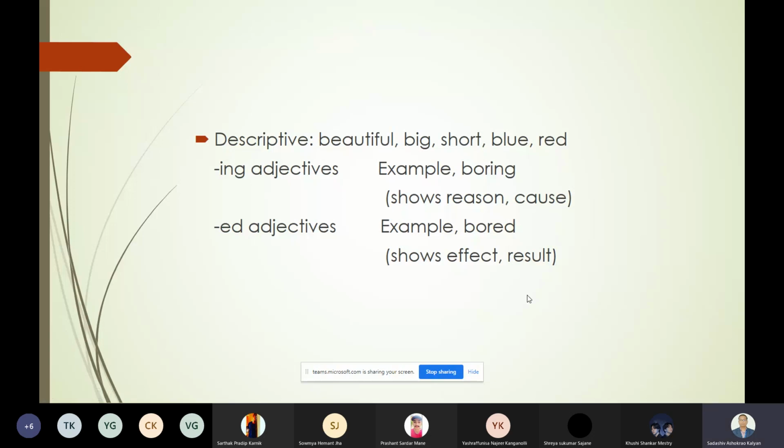Okay, so like the ing adjectives, we also have ed adjectives, and in this kind of ed adjective, I have put an example in front of you, that is bored. So this is trying to show us one kind of result, and at the same time this is also trying to show us one kind of effect.